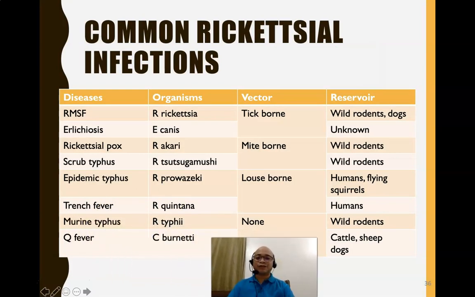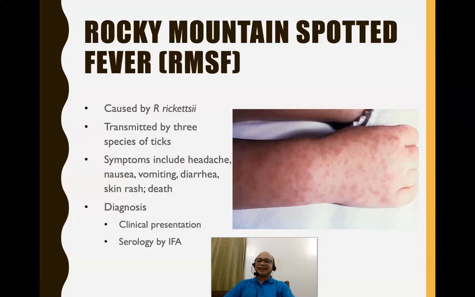However, let me point out that in this table, trench fever is not caused by rickettsia. The R there means Rochalimaea quintana, and Q fever is not caused by rickettsia. The C here represents Coxiella burnetii. So these are the different organisms that may cause different rickettsial diseases.